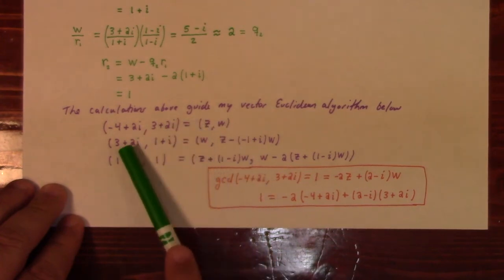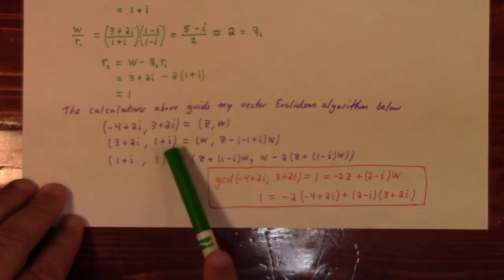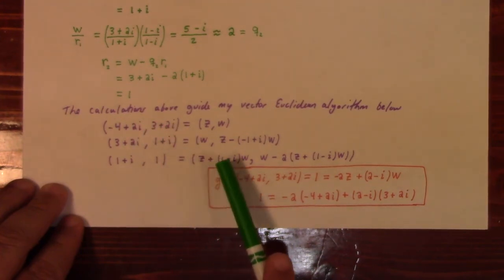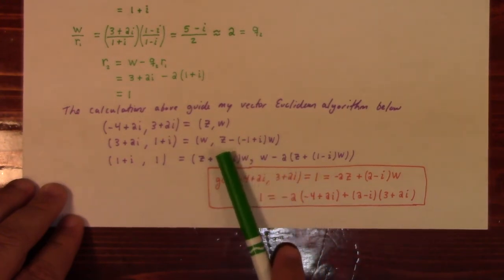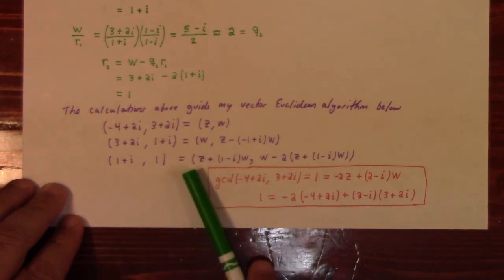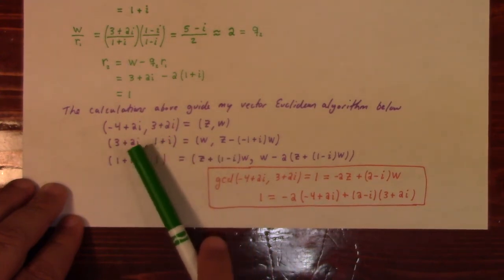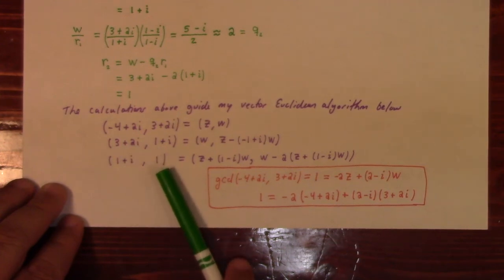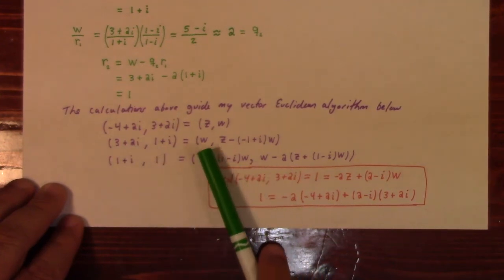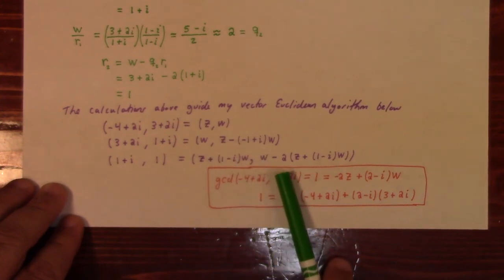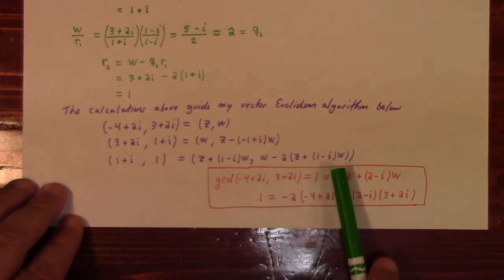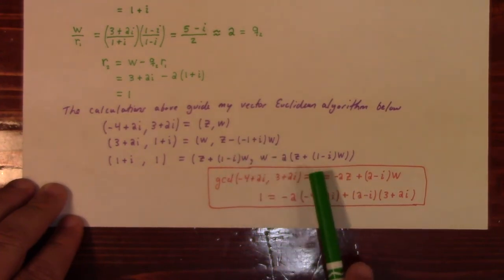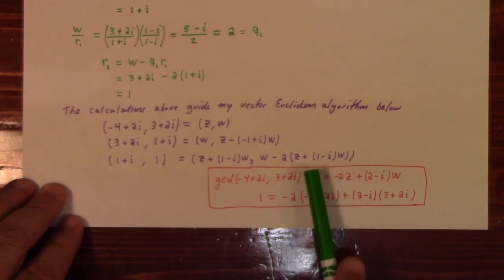We bring the w down, 3 plus 2i, and then the remainder of the previous division was 1 plus I, so that's my first remainder, right? That came from subtracting minus 1 plus I times w off z. And then when we divide this into that, our remainder was 1, right? And that came from taking w and subtracting twice the first remainder, which, by the way, was z plus 1 minus I times w. I distributed the minus through there, right? And there you have it.